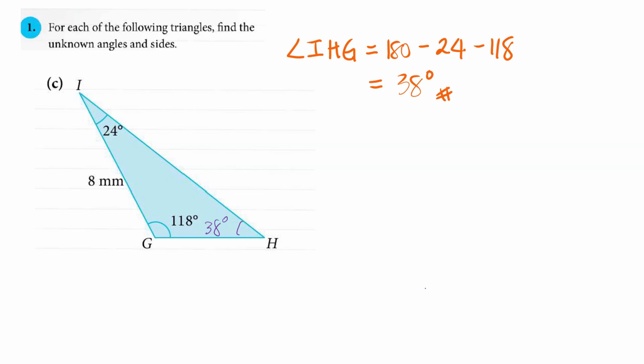You draw an arrow that points to the side opposite 118. Imagine you are standing at 118 and your friend is standing opposite you. The side opposite angle 118 is IH, the side opposite 38 is the 8 millimeter side, and the side opposite 24 degrees is GH.